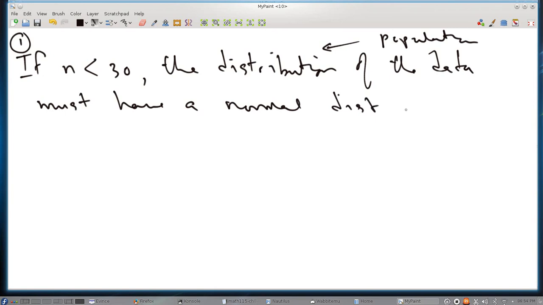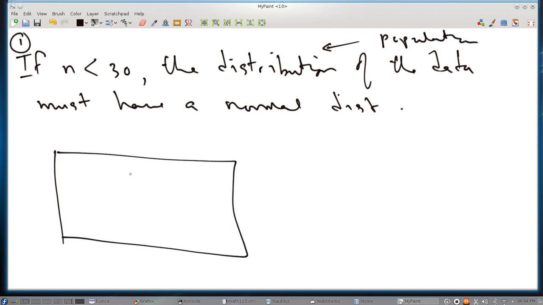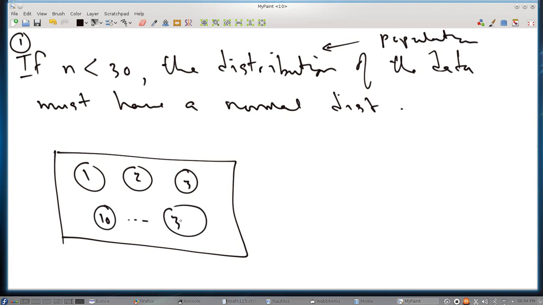So what that means is that if we are to collect samples, we have sample number 1, sample number 2, sample number 3, sample number 10, and so on, let's say up to sample number 30. Oh no, I don't want to use sample 30 because that might confuse the concept. Let's say number 40.